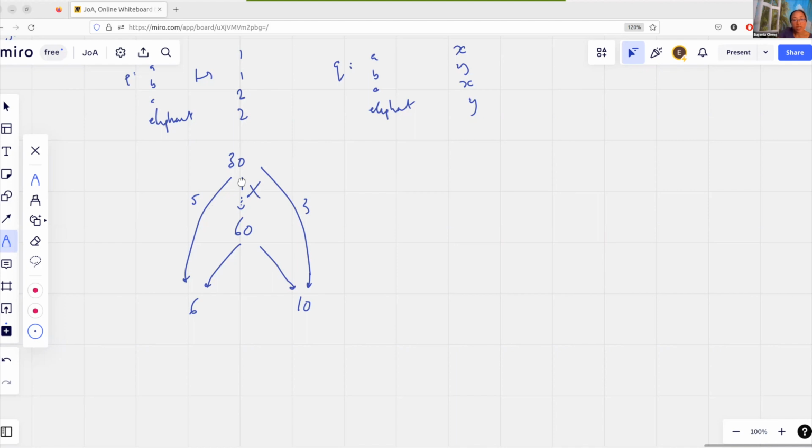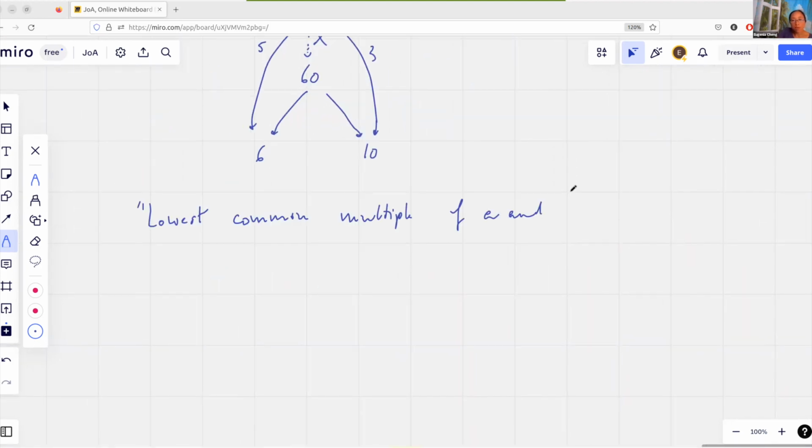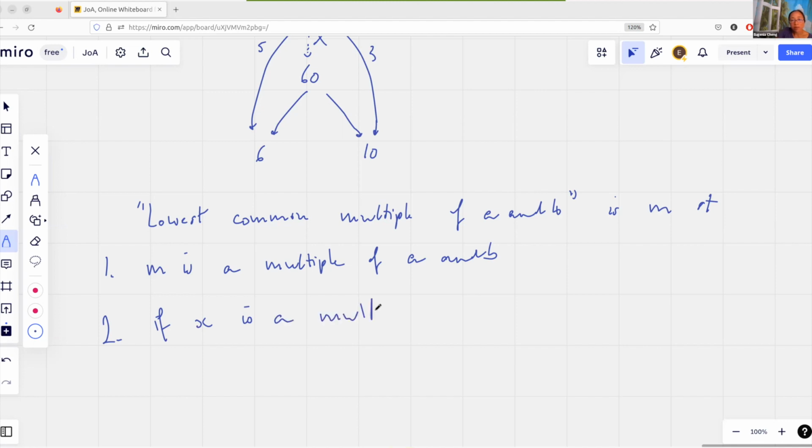So it is a number M such that 1, M is a multiple of A and B, and 2, if X is a multiple of A and B, then, well, M is supposed to be the lowest one. So that means that M has to be less than or equal to X.